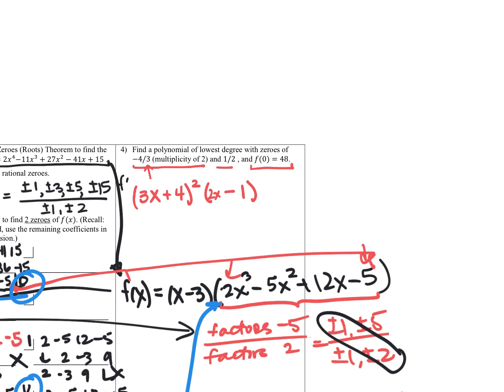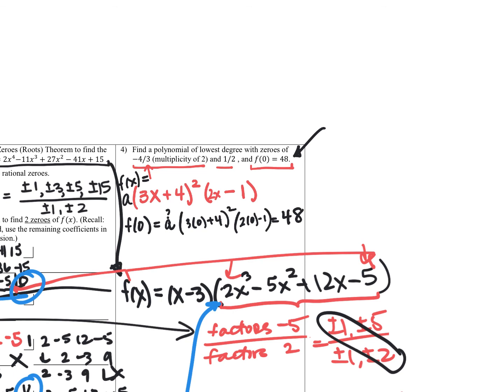So this is my function, but it's getting maybe stretched or something. This is just an extra thing to let us know if we're going to have a different lead coefficient. So I'm going to write an a in the front, and basically our goal is to make sure that f of 0 will equal 48. So if I plug a 0 in here, again, we're trying to check on a, that's going to be 3 times 0 plus 4 squared, and then 2 times 0 minus 1.